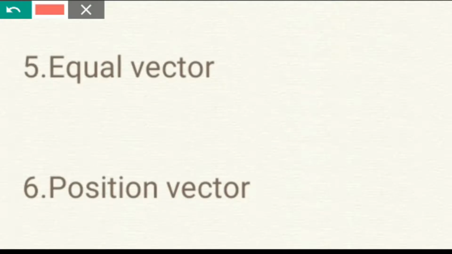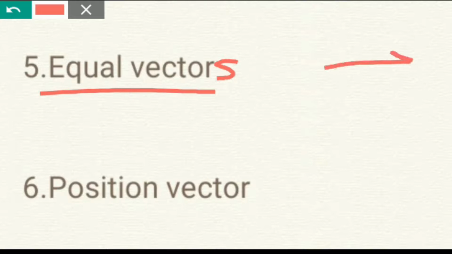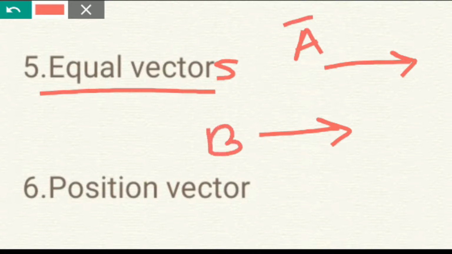The next type of vectors is equal vectors. For this also we need more than one vector. Suppose this is one vector and there is another vector. Let's say this is A bar and this is B bar.